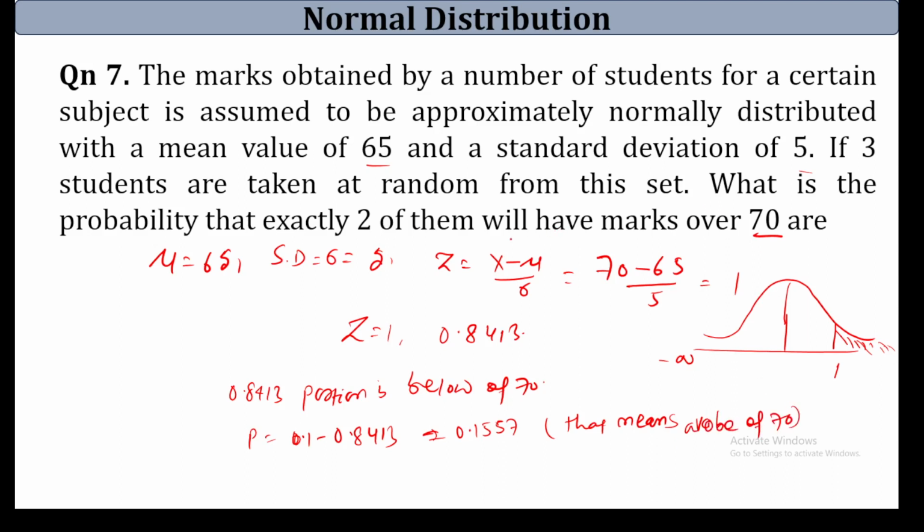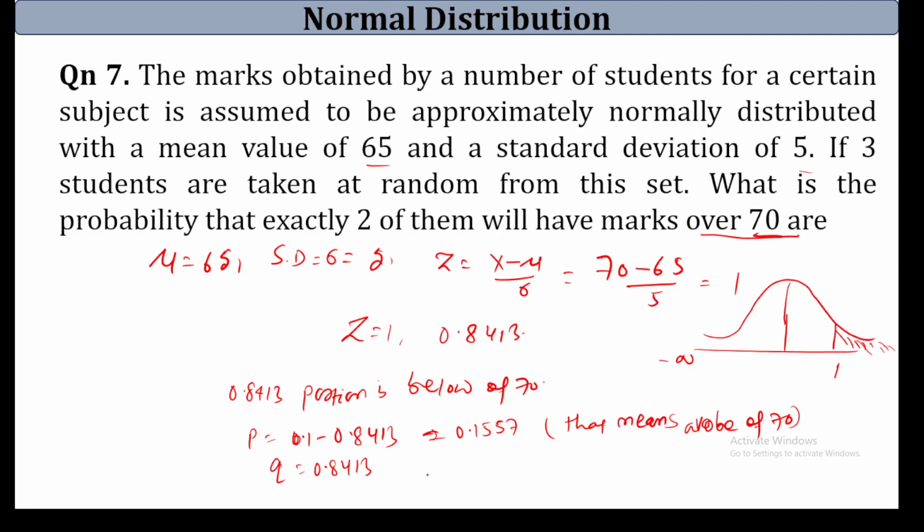That's what they are asking: the probability that exactly 2 of them will have marks over 70. So P, the probability of getting more than 70 marks, is 0.1587, and Q will be 0.8413.